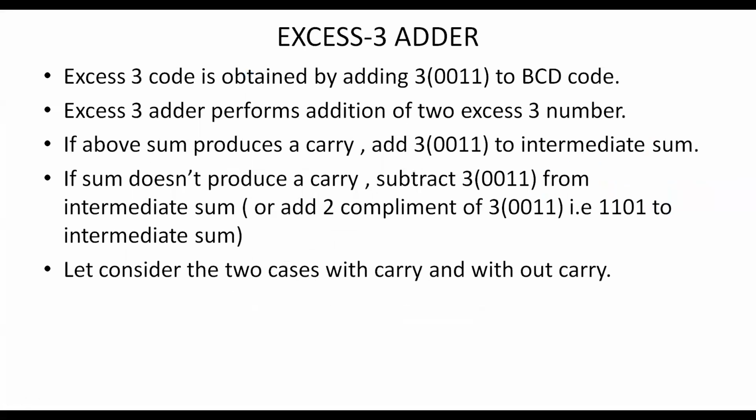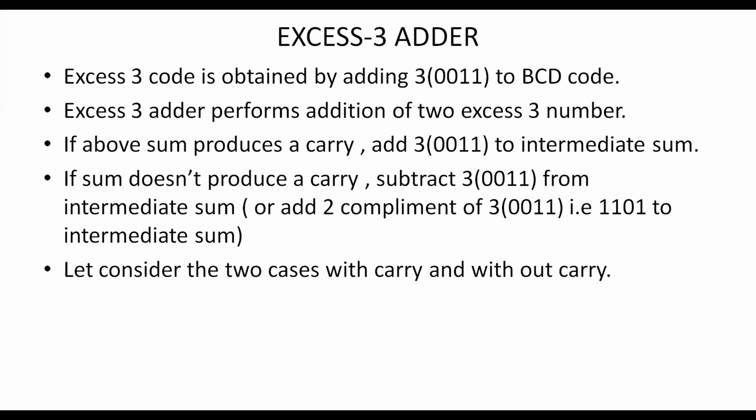Now one more topic, and with this we will close: the XS3 adder. Just as we performed addition in BCD, here also we will perform the addition for the XS3 adder. In the XS3 adder, we first convert the given number into XS3. That is, we perform the BCD to XS3 addition.